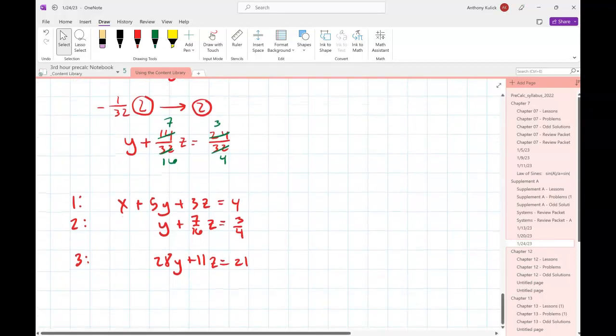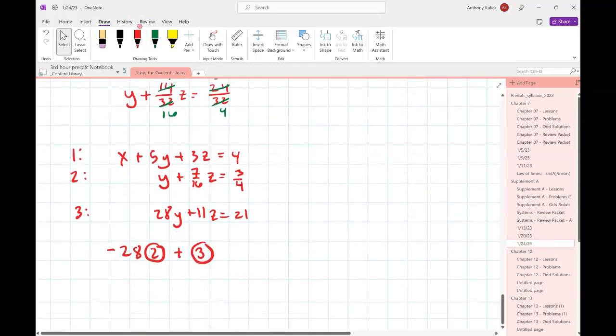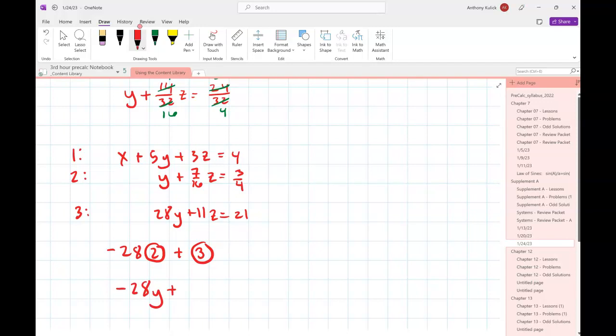So now we need to make this coefficient go away, right? We need to get that y to go away. How am I going to do that? I'm going to do -28 times equation 2 and add it to equation 3. Let's see, 28.